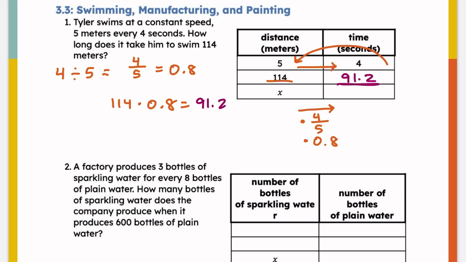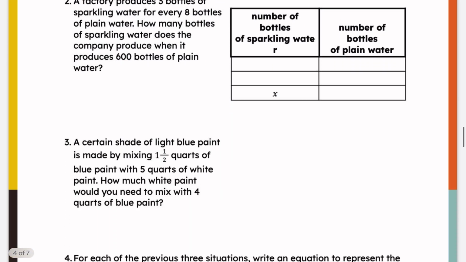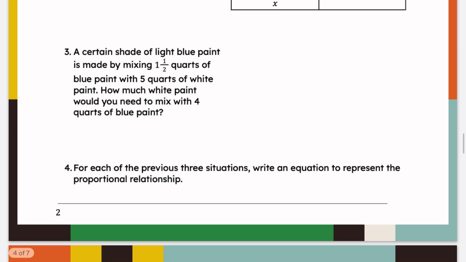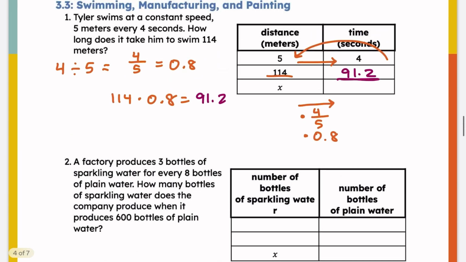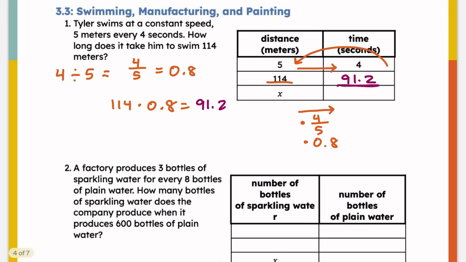You're going to see that I have another row where there's an X. If you read all the way through all of the problems, you're going to see that for each one of these, I want you to write an equation. So an equation is where I'm still going forwards and I'm not changing my routine. I'm still multiplying by the exact same number. It's just I don't know what this is here. So I use the variable X. But it shouldn't change what we do.